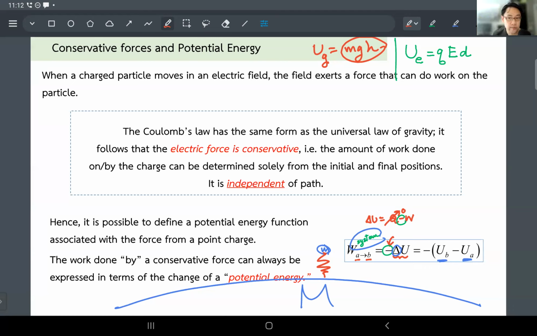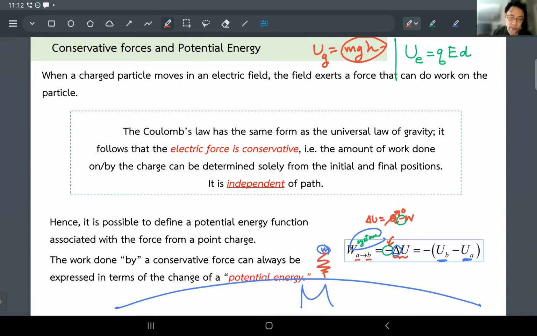Cool? Okay, so there are always two sides of the story. You want to have your system do the work itself, so that lowers your potential energy, of course. Or if you want to go against your field, that's when you increase the potential energy of the system. And that's how you define your potential energy. That's all.